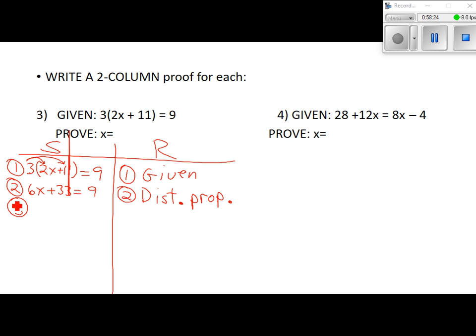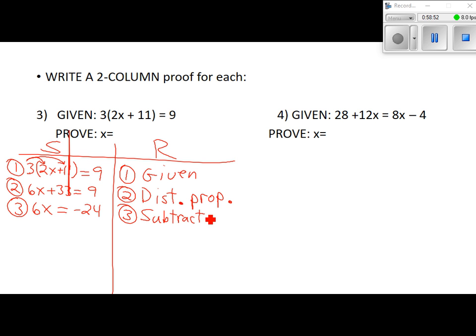What do we do next? You're gonna subtract. Subtract what? 33. 33 from 9. Subtract 33 on both sides. What's that leave us with? 24. I'm sorry, 6x equals negative 24. What did we use there? Subtraction again. Don't abbreviate subtraction.